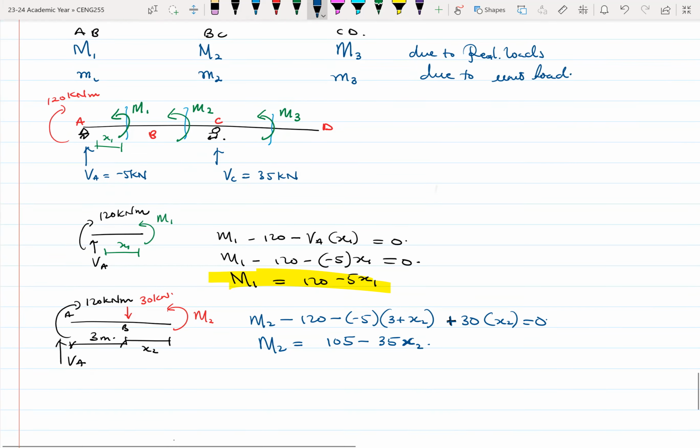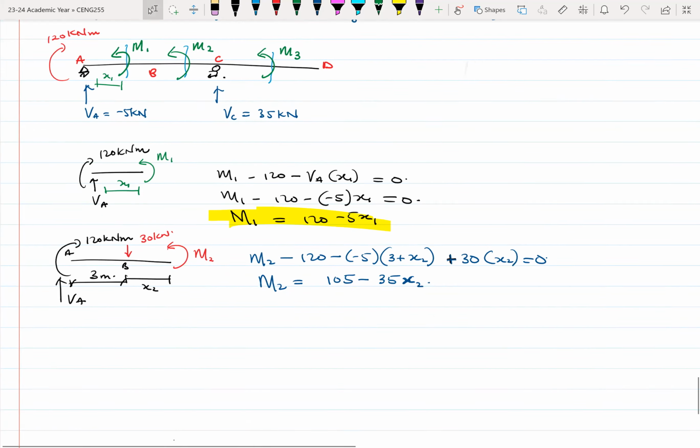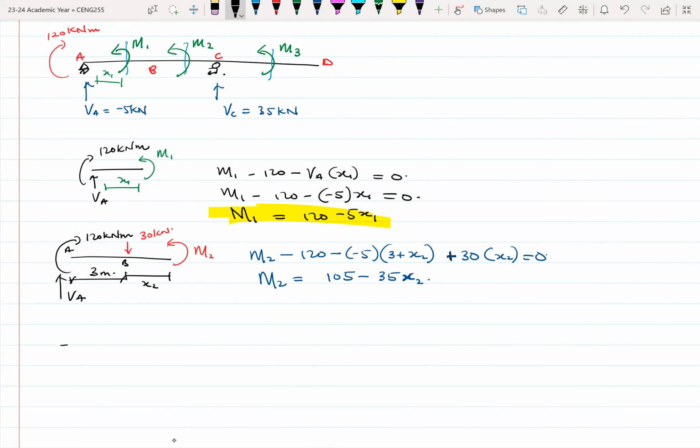Now we have to find M3. The same idea is used to find M3. We can draw the diagram. We have here A, B, and then C. So we need to find our M3.